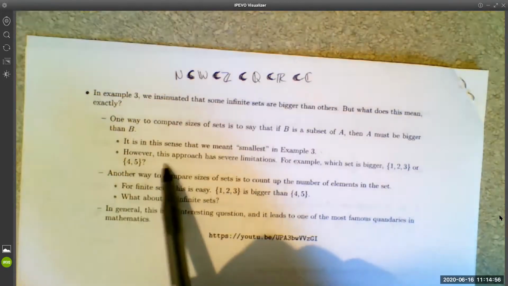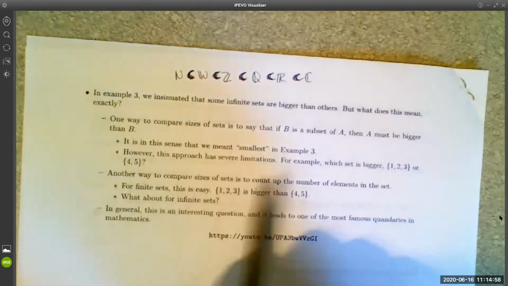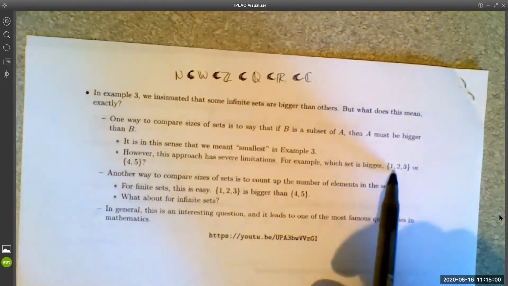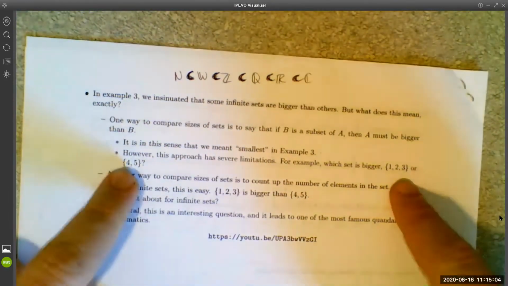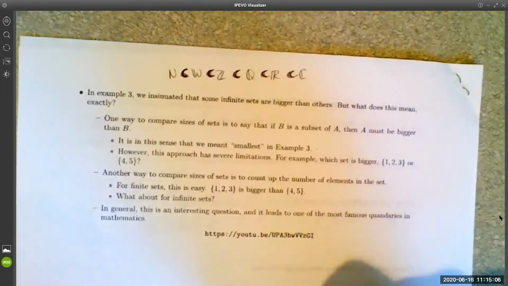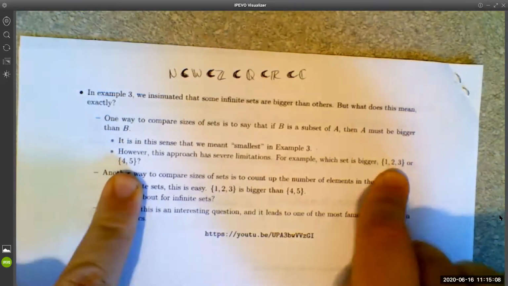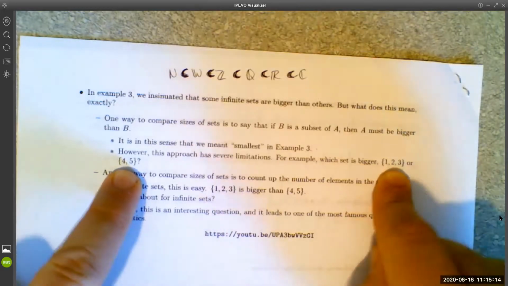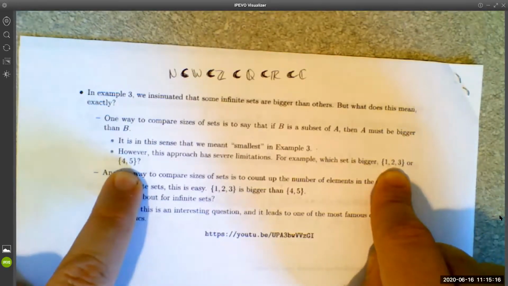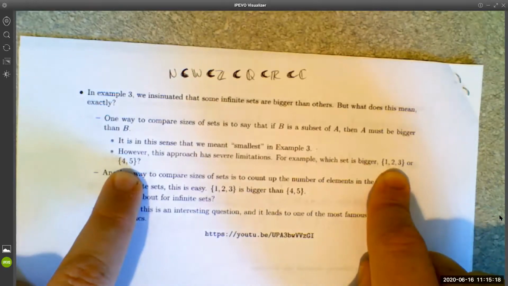However, this approach has some pretty severe limitations. For example, which set is bigger, {1, 2, 3} or {4, 5}? Neither set is a subset of the other. So if you're trying to use that criterion to determine which set is bigger, you have no way of determining it. You could maybe say, well, if the set is made up of numbers, you could add up the numbers and see which sum is bigger.